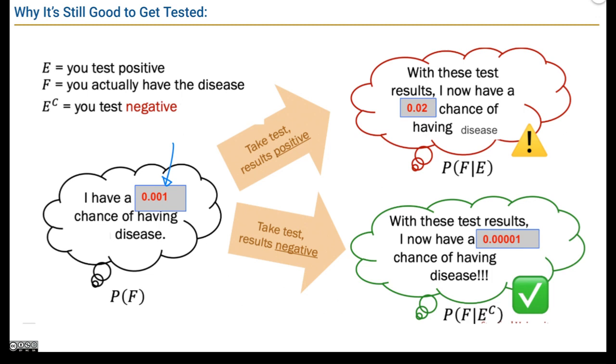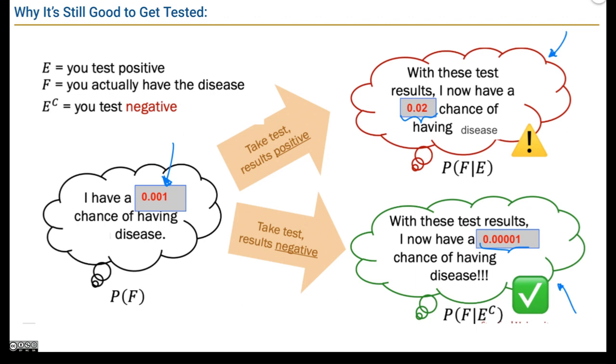If you take the test and the results are negative, you now know you have a 0.00001 chance of having the disease, not percents. These are just the straight up chances. So it's still important. It's updated your initial information, and now you can be very, very confident that it's super unlikely you have the disease. And here you might be worried, but maybe not so much because, again, the chance that you had it to start with was very small.